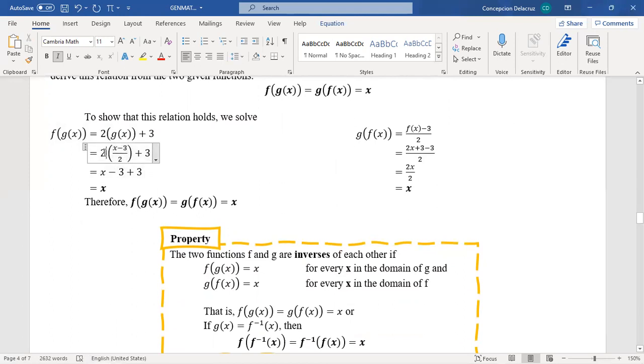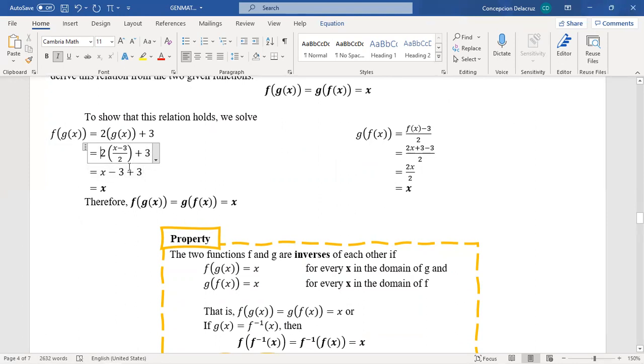First we solve: 2 times x is 2x. 2 times negative 3 is negative 6, over 2. So 2 divided by 2 is 1, so we have here x. 2 times negative 3 is negative 6 divided by 2 is negative 3, or simply the 2s cancel. So we come up with x minus 3, and also copy plus 3.